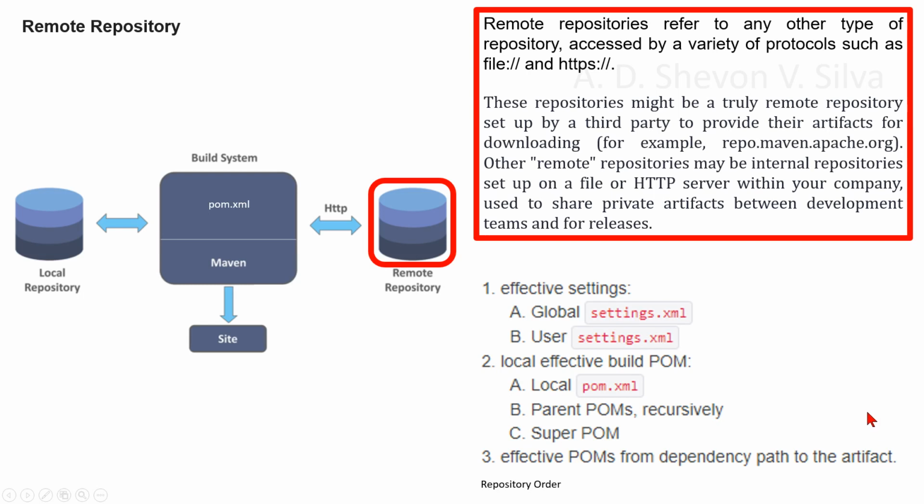The effective settings and local build POM, with profiles taken into account, can easily be reviewed to see their properties or order with mvn help:effective-settings and mvn help:effective-pom -Dverbose.